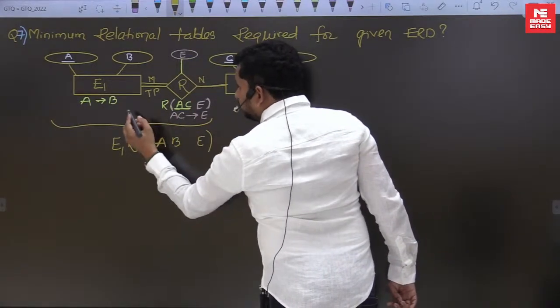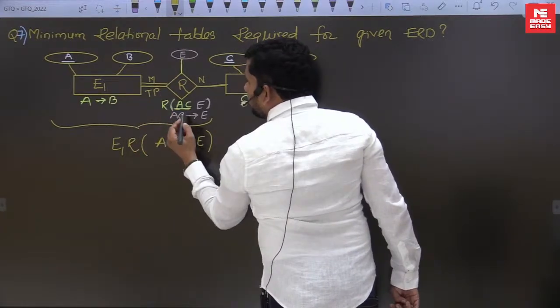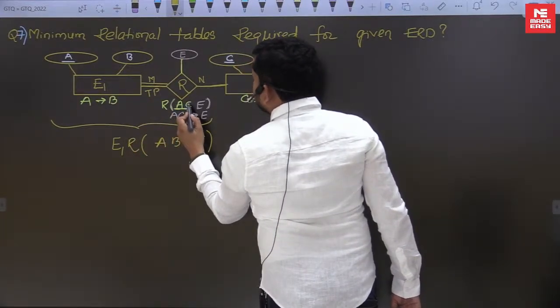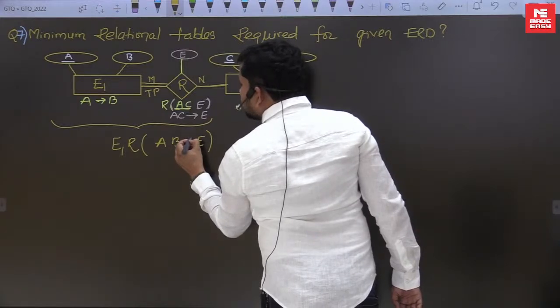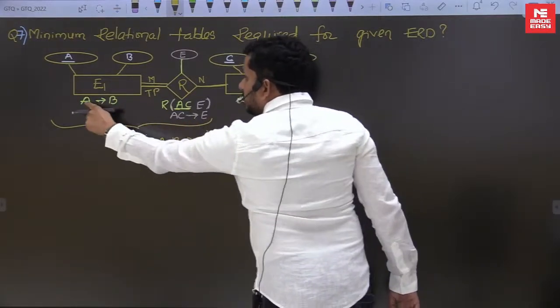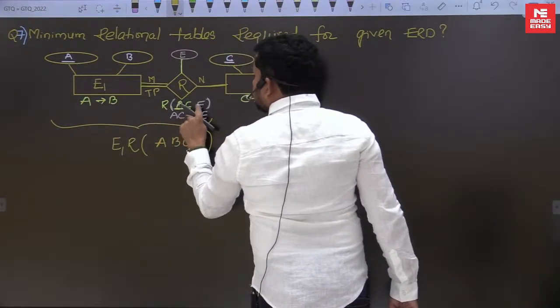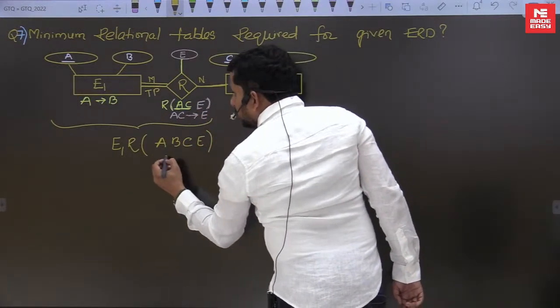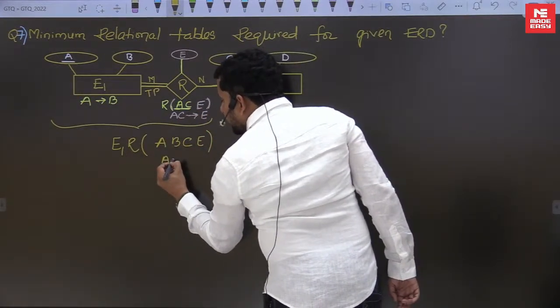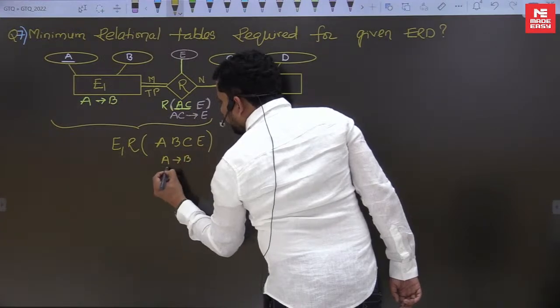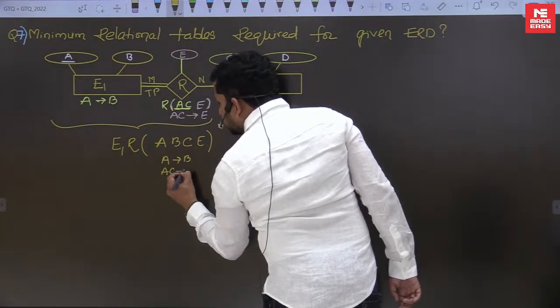So ABCE, okay, the FDs are only A determines B is one FD and AC determines E is the other FD.